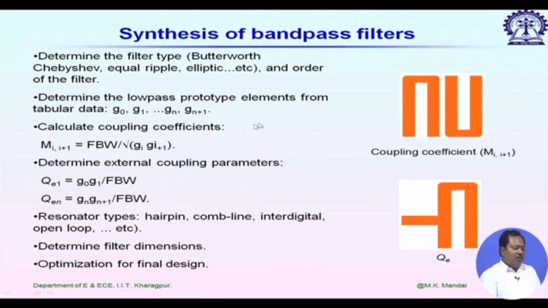Here we will assume that we have the required G parameters, and from that we have already calculated the external quality factors and the coupling matrix. Next we will discuss how to implement this filter after a short break. Thank you.